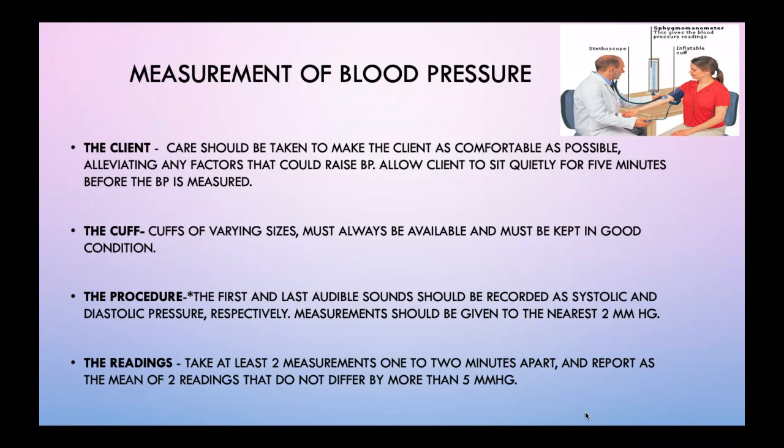The first and last audible sounds should be recorded as systolic and diastolic pressures respectively. Measurements should be given to the nearest 2 millimeters of mercury, and at least 2 measurements should be taken, 1 to 2 minutes apart, and reported as the mean of 2 readings that do not differ by more than 5 millimeters of mercury.